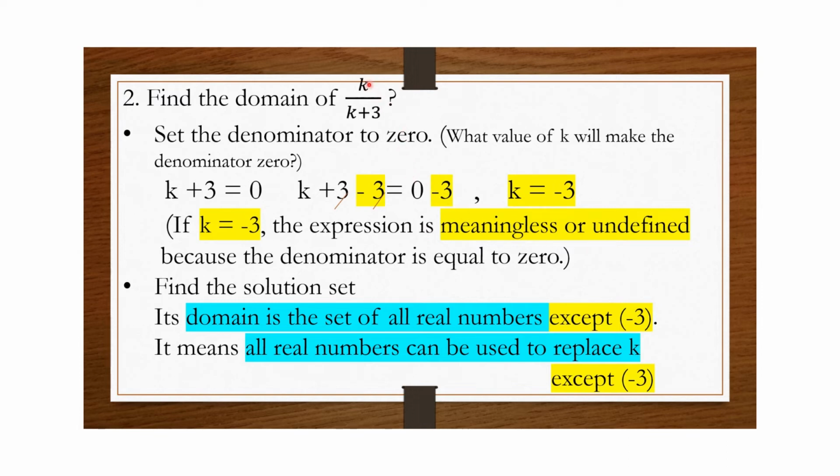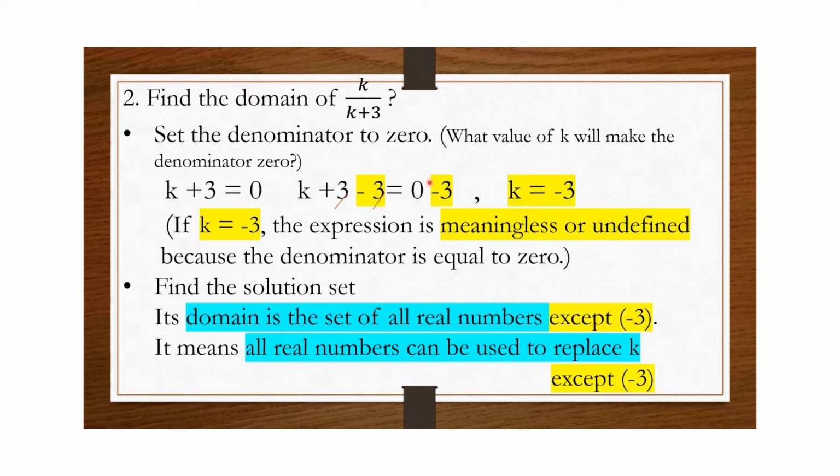Kasi any value divided by 0, di ba 0 na itong sum nila, negative 3 plus 3 will become 0, eh wala nang value. Undefined na yung expression natin. So that means, the solution set now, or the domain, is the set of all real numbers except negative 3. So, lahat ng real numbers, wag lang yung negative 3.